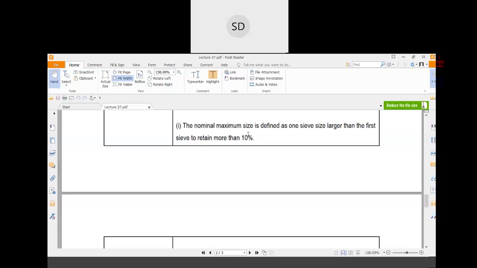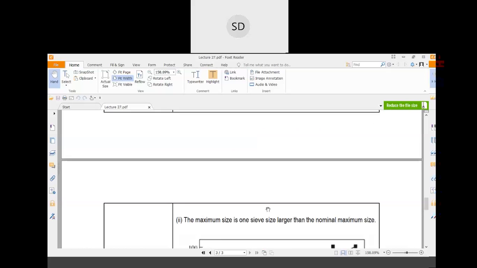If you arrange the sieves and the first sieve size is 16, or sorry, 12.5, then your nominal size would be basically the second sieve size, that is 12.5 mm, and the condition is if it retains more than 10% of the material. In that case, that would be defined as a nominal sieve size.